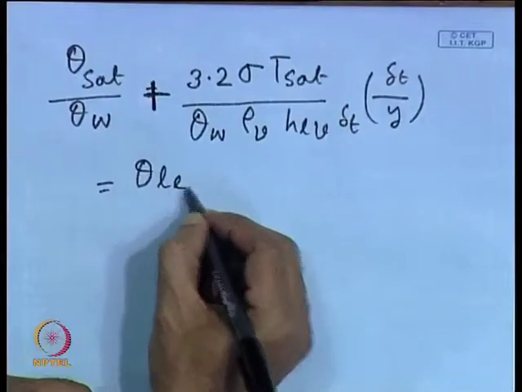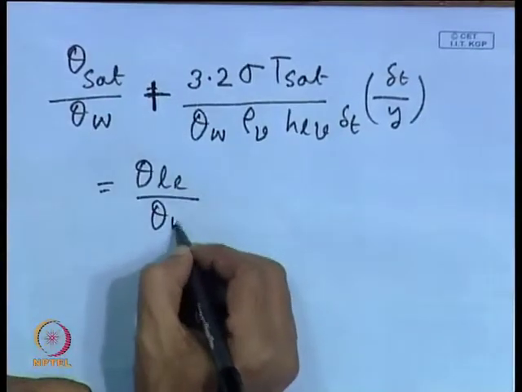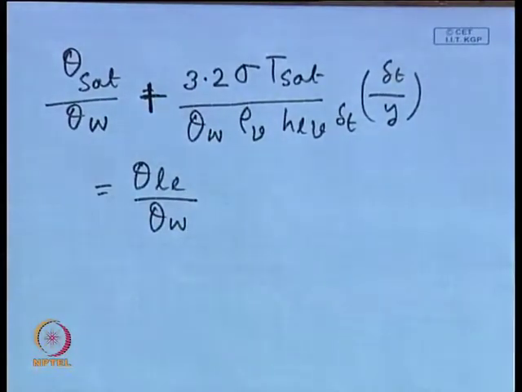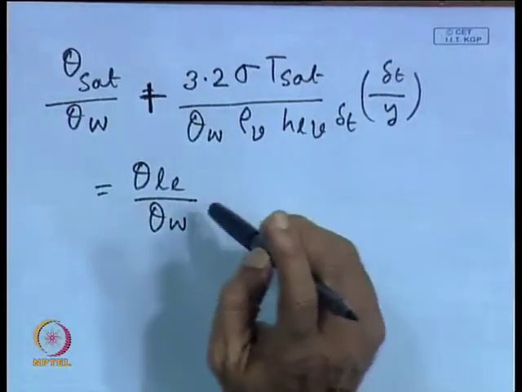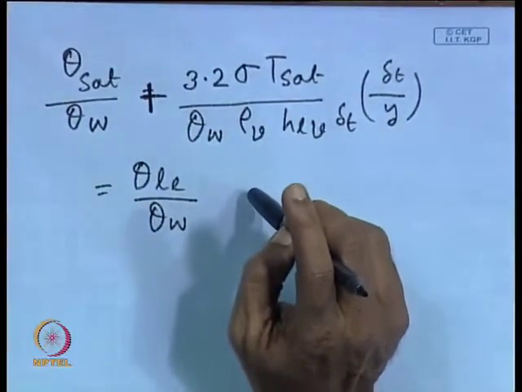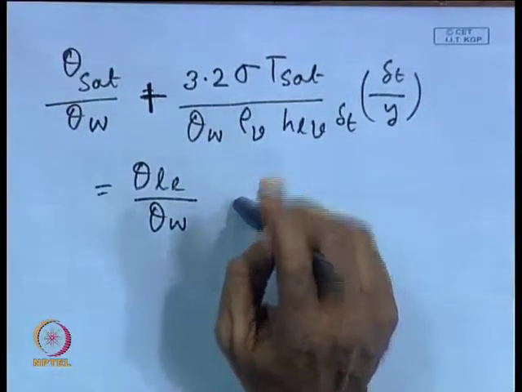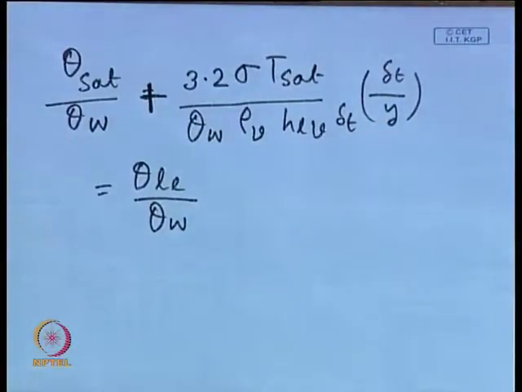So, this plus this is equal to theta L E by theta w. So, this kind of temperature profile we can get by incorporating the very well known equation which relates the degree of superheat with the vapor embryo nucleus.